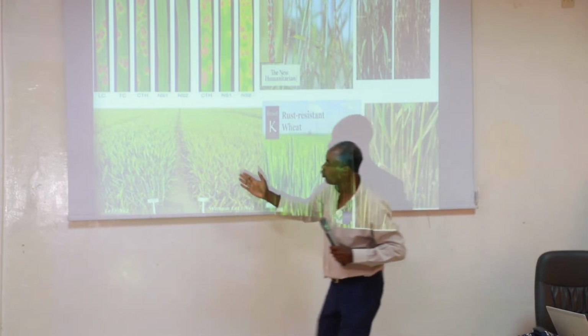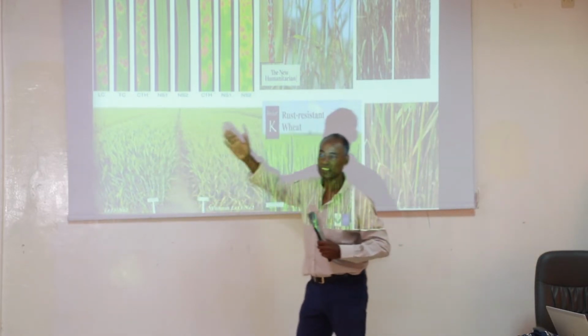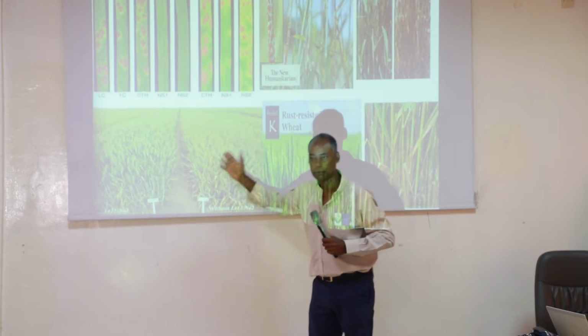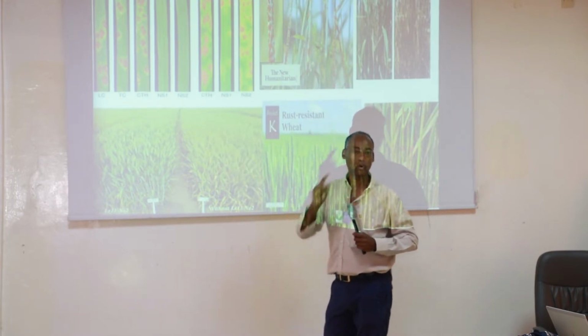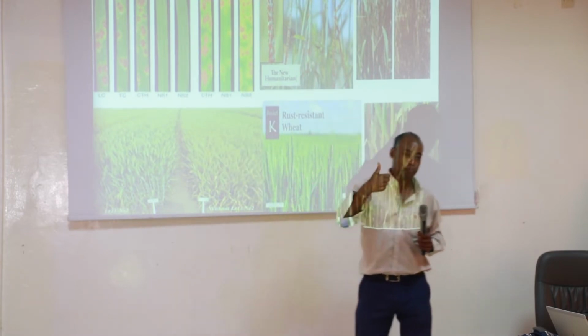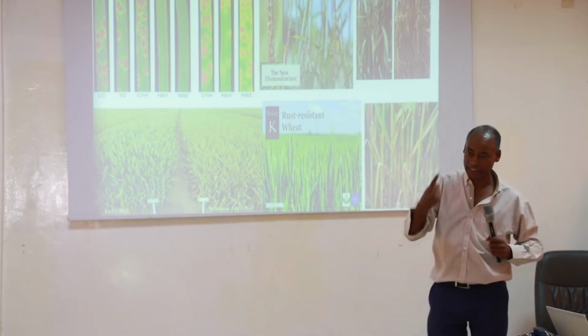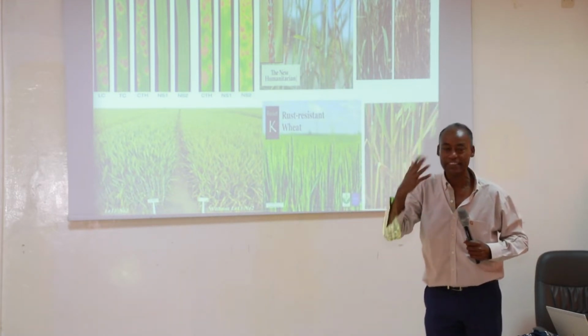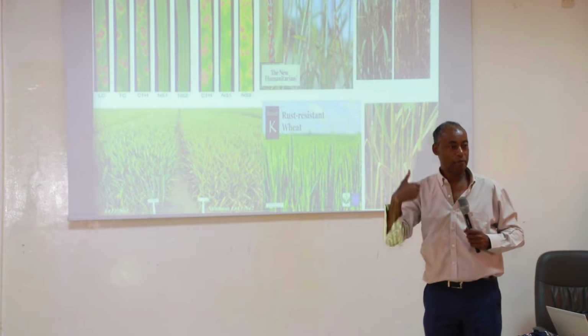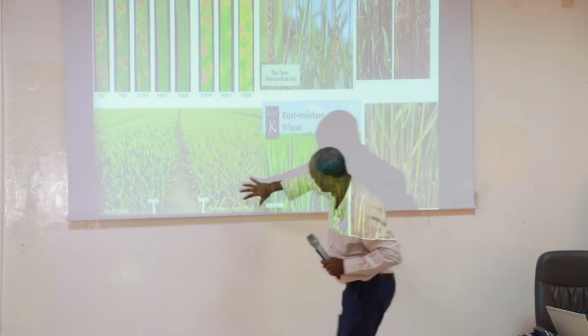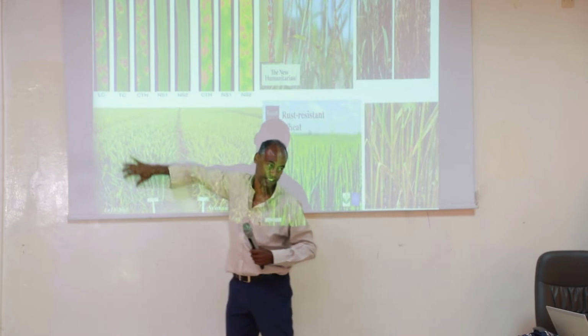And this is also a good comparison, a resistant versus a susceptible variety. So the most important thing when you grow wheat, you have to ask if the variety is resistant to major disease. This is very much affected, but this is very clean.